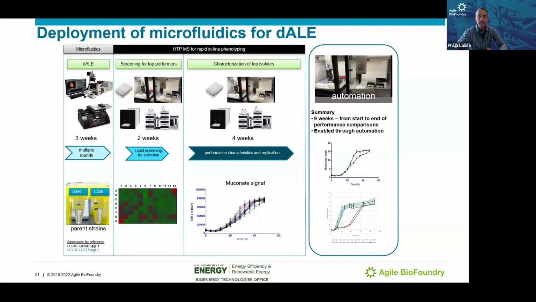And then we can do an initial round of screening from those droplets themselves. We can get a feeling for the cell turbidity and, if they're producing something that you're interested in, how these evolved cells compare in their production of the biomolecule of interest.